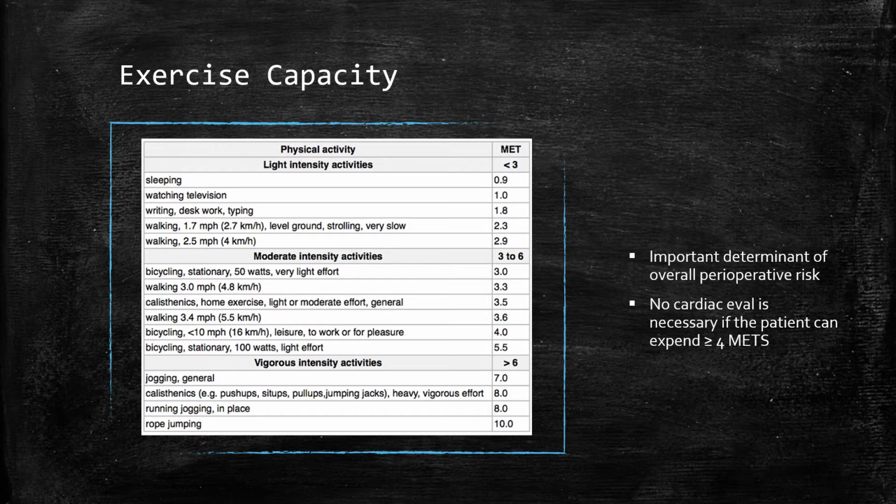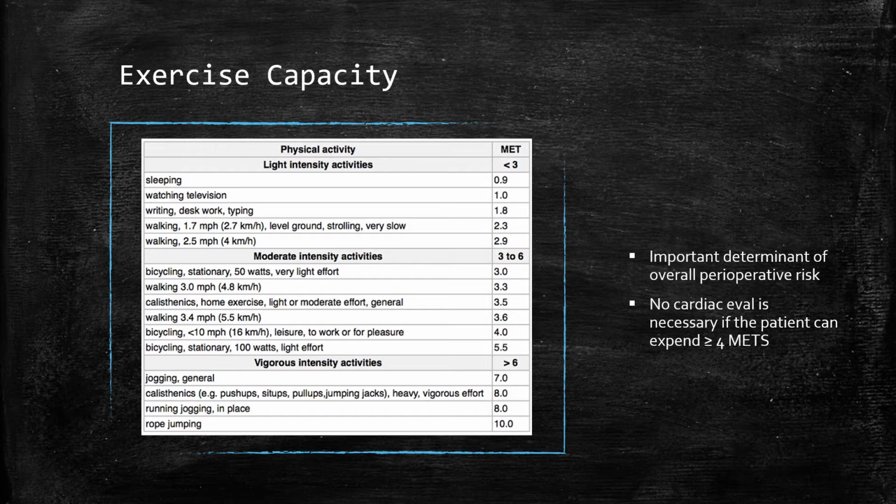And so if you're sitting down just watching TV, you're expending 1 MET. If you can walk at a brisk pace, then you're expending close to 4 METs, which means that you're expending 4 times the energy than if you were just sitting down.